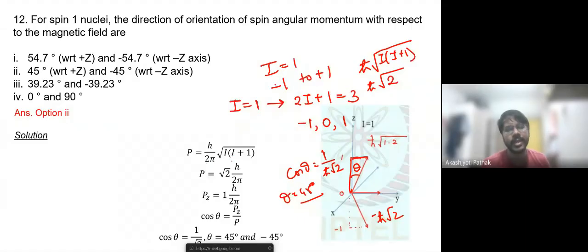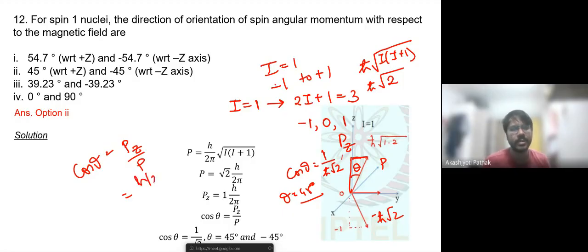If you have spin quantum number 1, then it will be root 2 h by 2 pi, and pz will be 1 into h by 2 pi. This is pz, and this is your p value. So cos theta is equal to pz by p. Your pz is h by 2 pi, and your p is root 2 h by 2 pi.